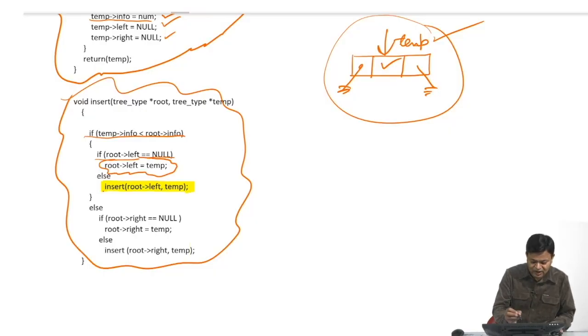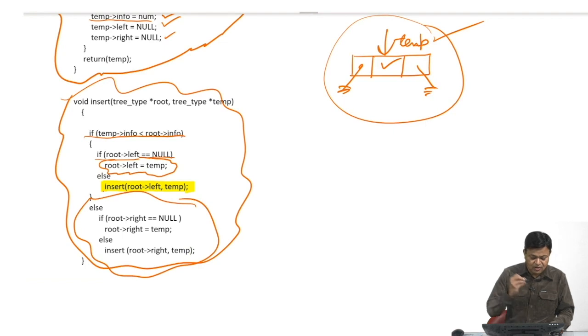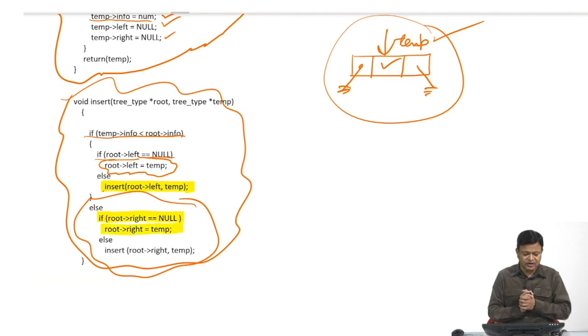Now, let us see the case when my number is greater than root arrow info. First of all, I check whether root arrow right is equal to null. If root arrow right is null, it means I have reached a terminating condition. I will attach temp to root arrow right and return, going back to the calling function.